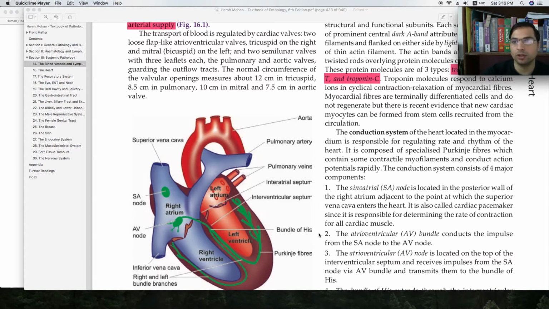So there are a total of four valves: two atrioventricular valves, the bicuspid valve and the tricuspid valve. The bicuspid is also called the mitral valve. And there are two semilunar valves, one in the pulmonary artery and one in the aorta, right?